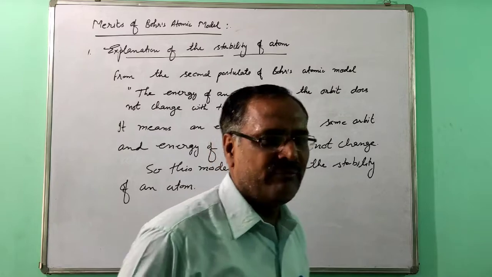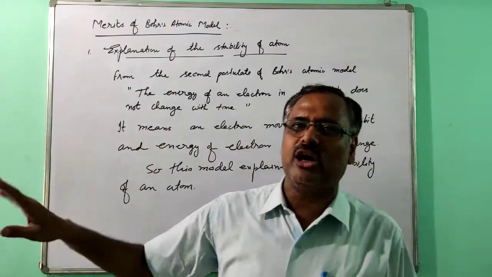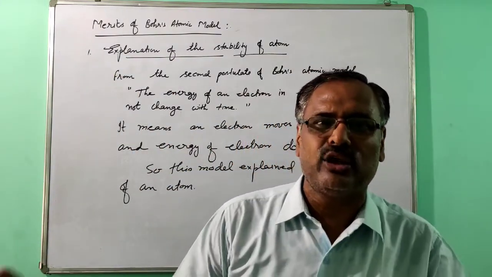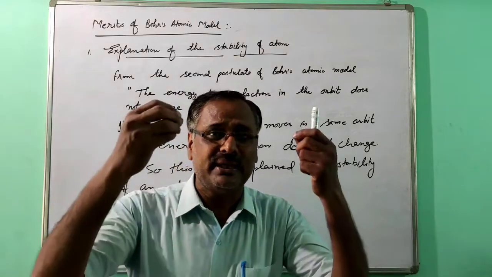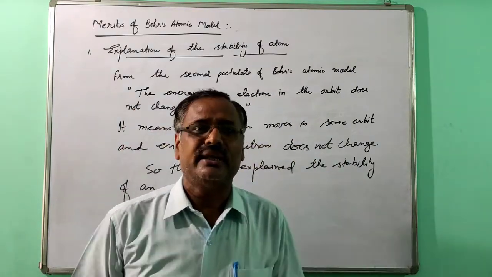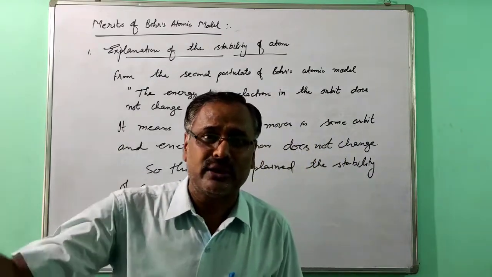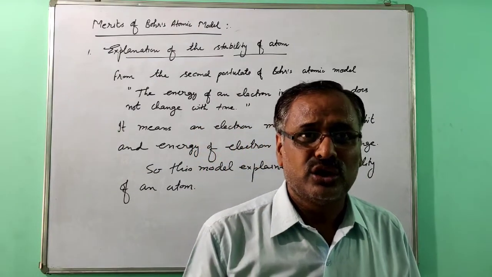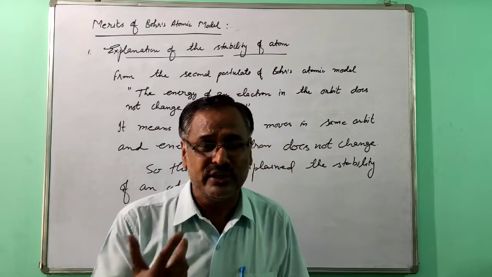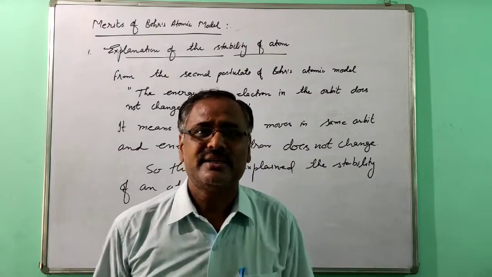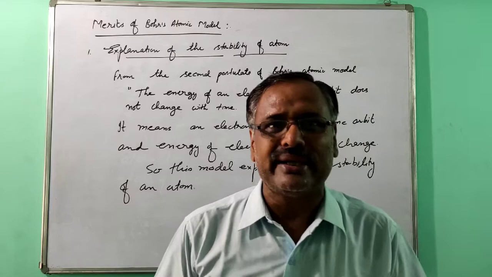When the electron revolves in a particular orbit, its energy will not change, and so the electron can move permanently in that particular orbit, in that particular energy shell. So this electron will not fall into the nucleus, and in this way the stability of the atom is explained.